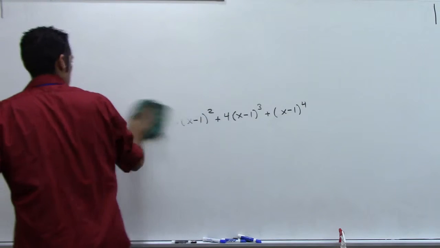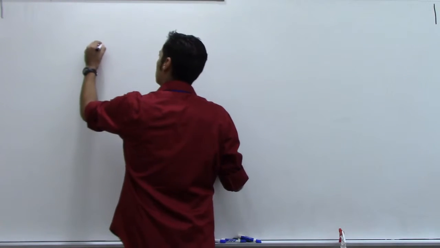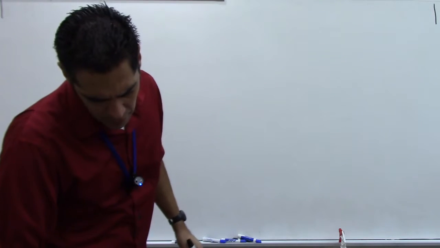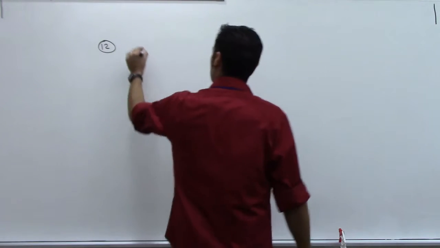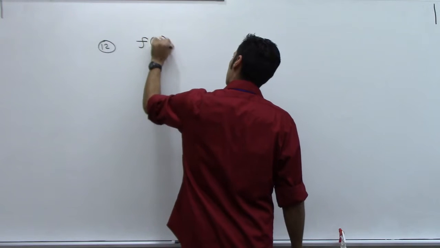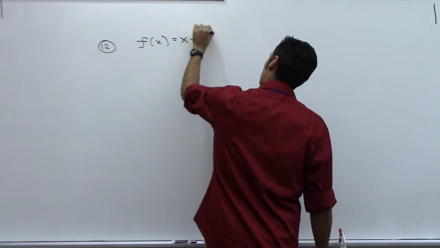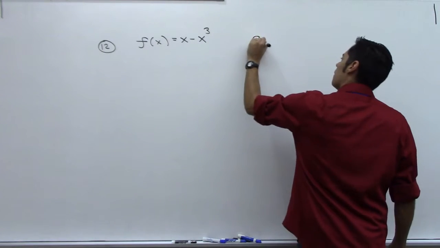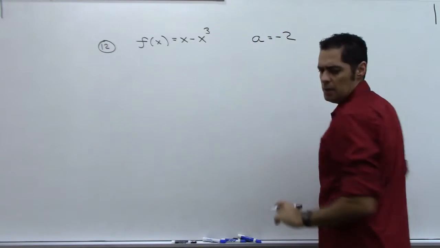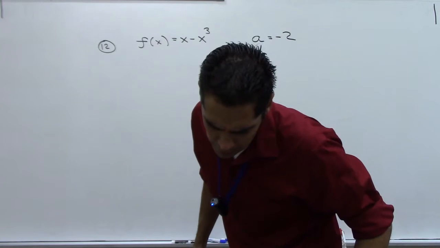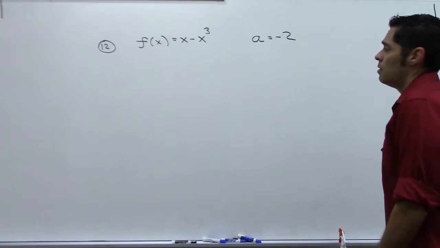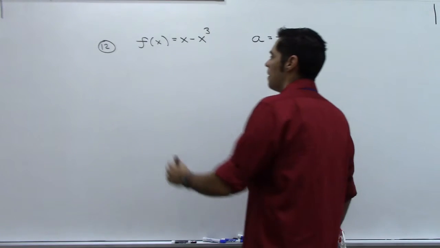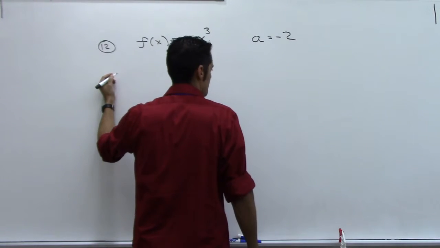Let's move on to number 12. All right, for 12, f of x is x minus x cubed. We're going to do this about a equals negative 2. So again, I'm going to need to start taking derivatives to come up with my c sub n's.